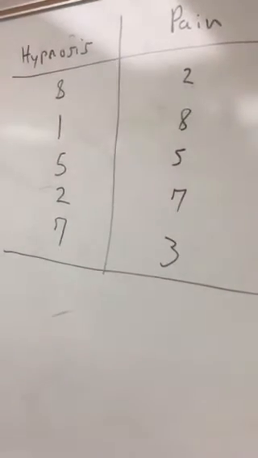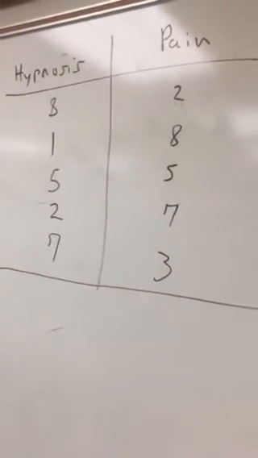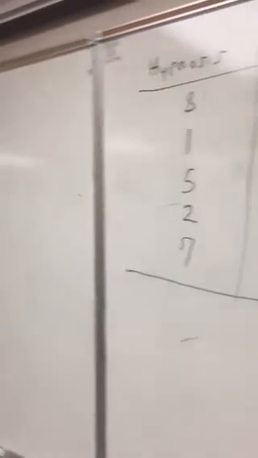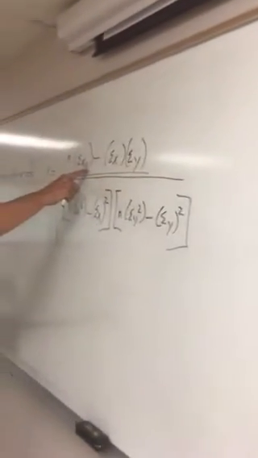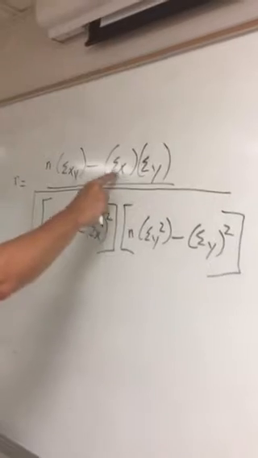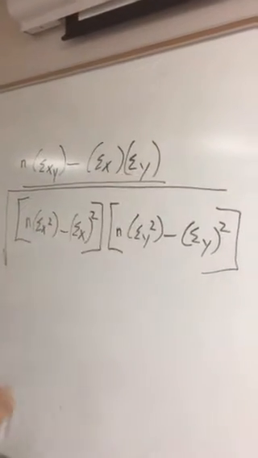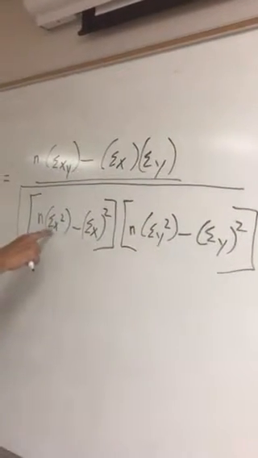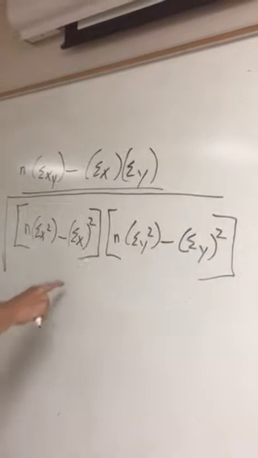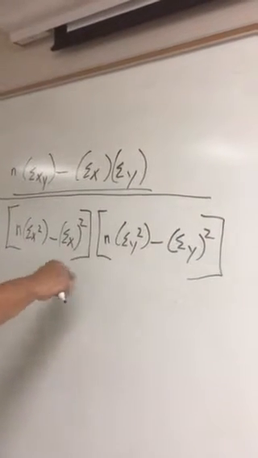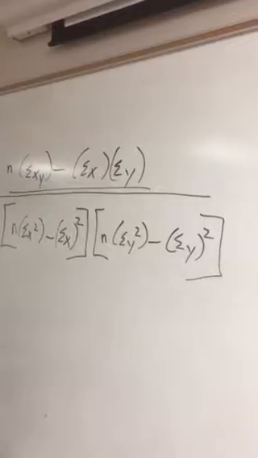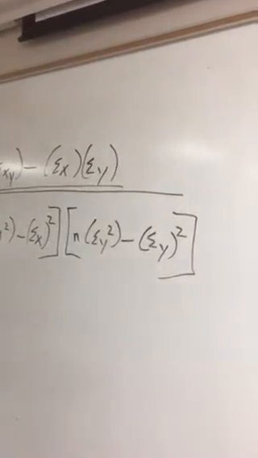What I'm going to be looking to do here is find the sum of x and y, the sum of x, and the sum of y. I need to find the sum of x squared and the sum of y squared, the sum of x quantity squared, and the sum of y quantity squared.